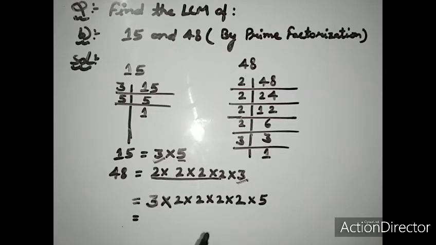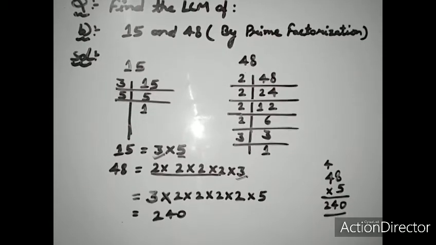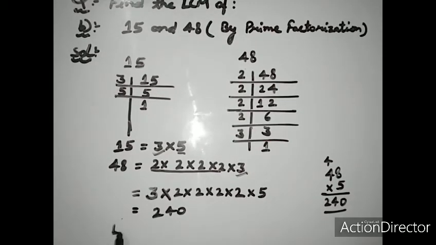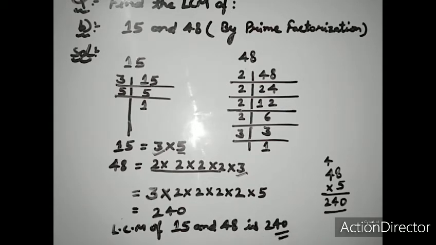Now we multiply all these numbers. 3 twos are 6, 6 twos are 12, 12 twos are 24, 24 twos are 48, and 48 fives are, now we multiply 48 and 5. 8 fives are 40, 0, 4 carry, 5 fours are 20 plus 4 is 24. Here we get 240, right? So the LCM of 15 and 48 is 240.